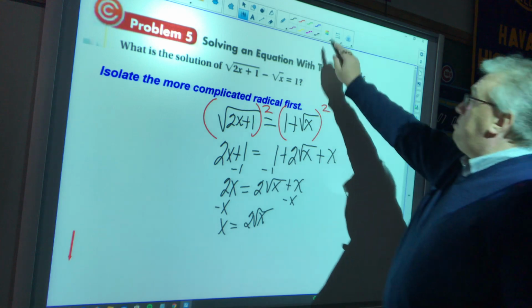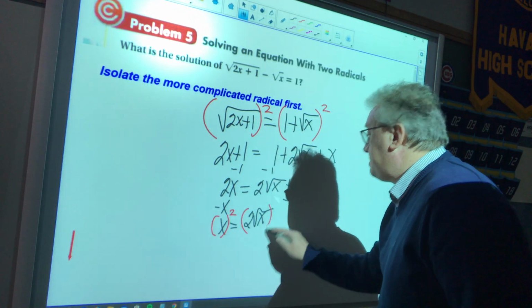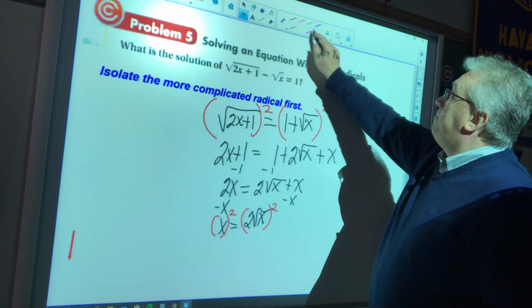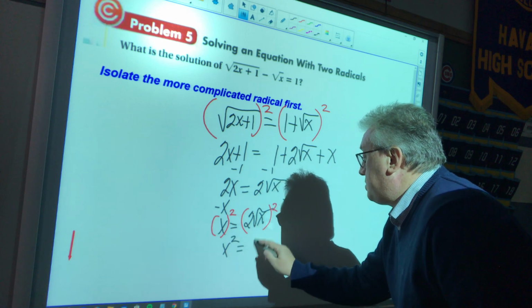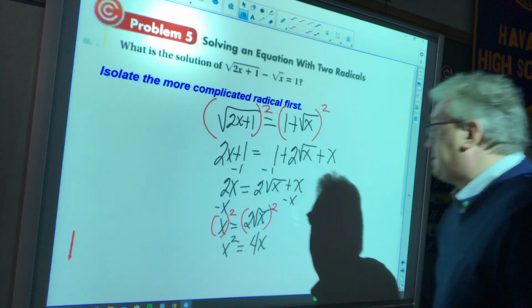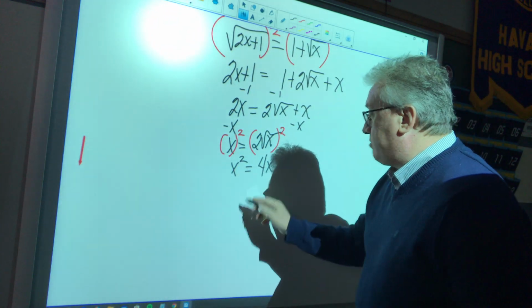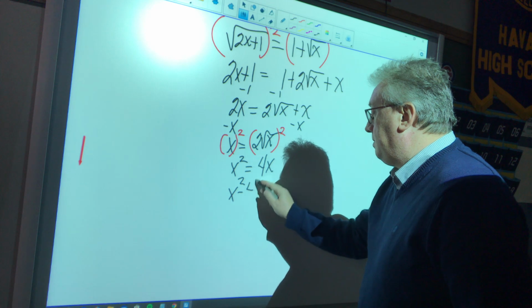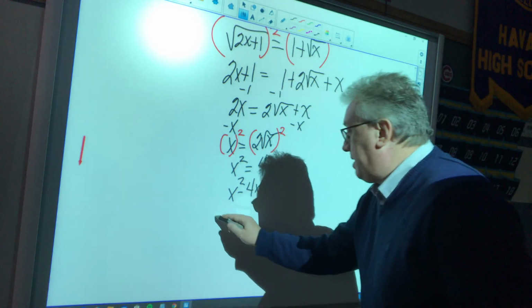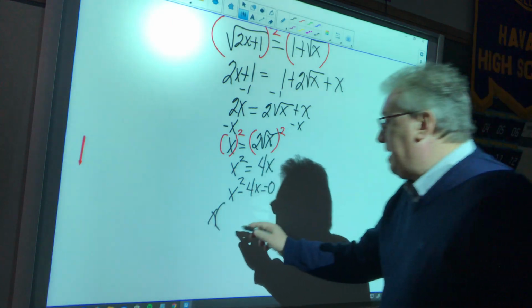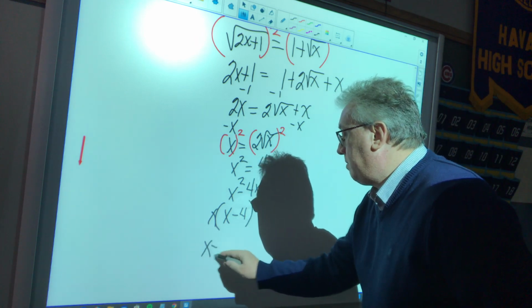So now I'm going to square both sides, okay? So I get x squared equals 4x. Subtract 4x from both sides. Zero product property, okay? Here I can divide out an x, set both factors to 0.